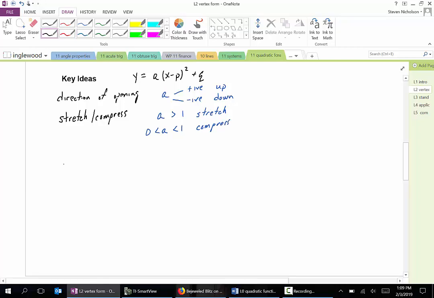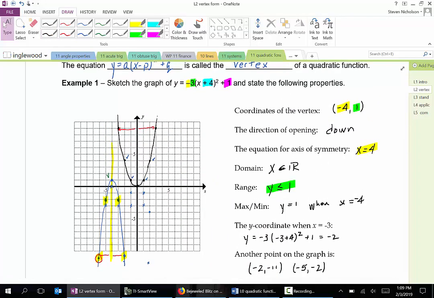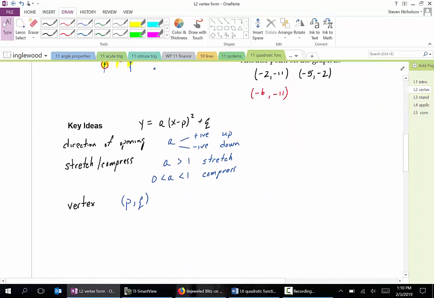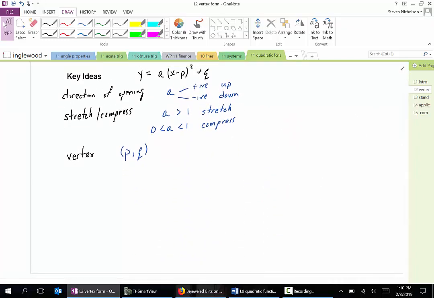Well, probably the most important thing, and that's why it's called the vertex form, the vertex of a parabola is (p, q). And again, I want you to look really quickly. p is negative 4, and q is positive 1, and there is our vertex right there. So again, we don't have to plot the graph in order to determine the vertex if we know what it is.